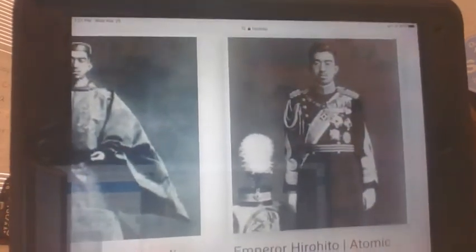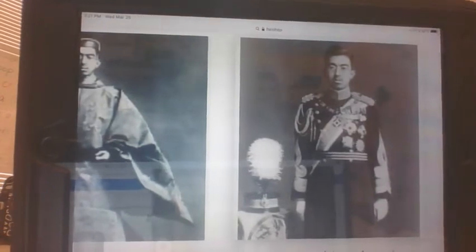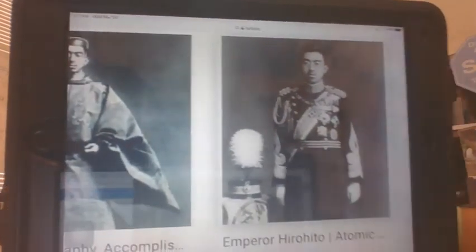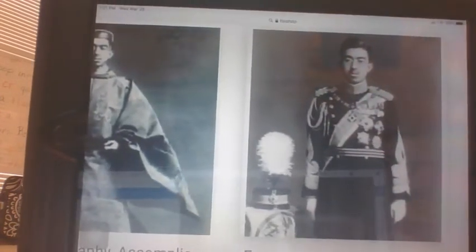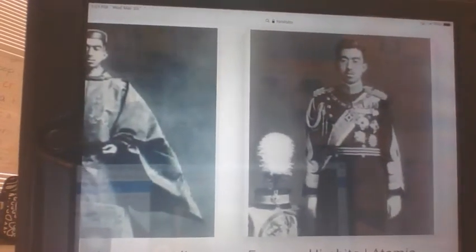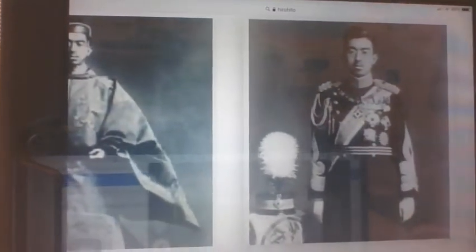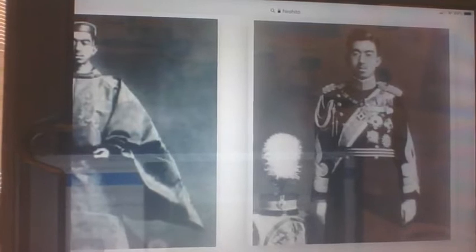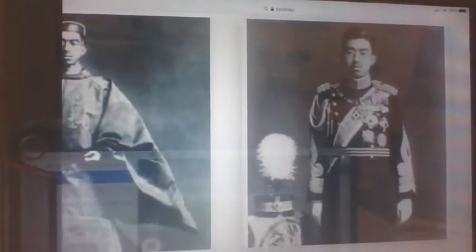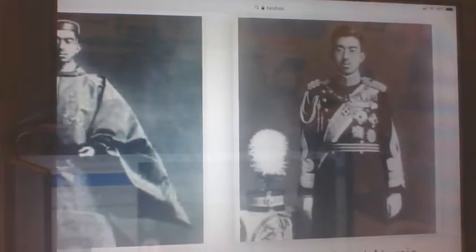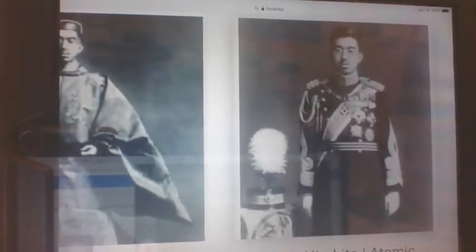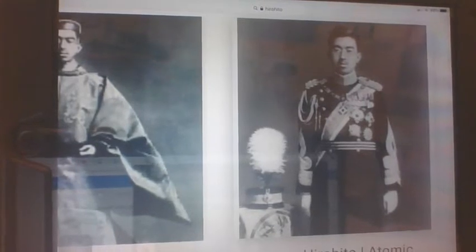Third, we have Hirohito. Hirohito was the 124th emperor of Japan, according to the traditional order of succession. So, as in, the son or the oldest male. He reigned as the emperor of the Empire of Japan from December 25th, 1926 until the 2nd of May, 1947.